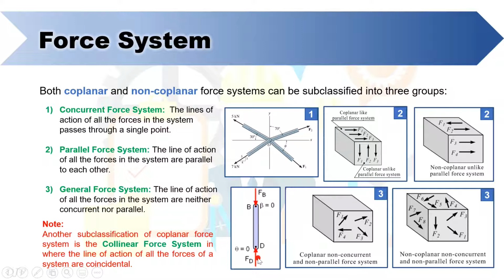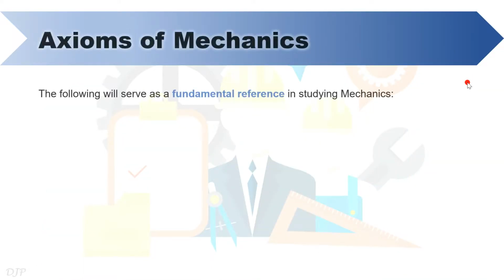Now that you have an idea about the concept of a force and the force systems, it is still necessary to have some kind of solid reference to conduct mechanics analysis on rigid bodies. This reference is called the Axioms of Mechanics, which are self-evident facts.